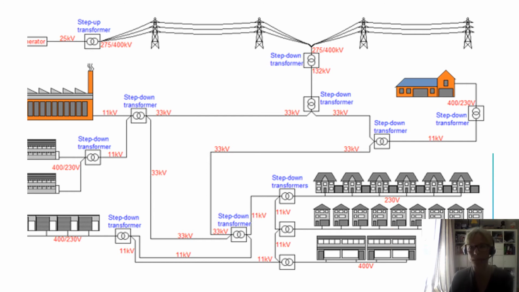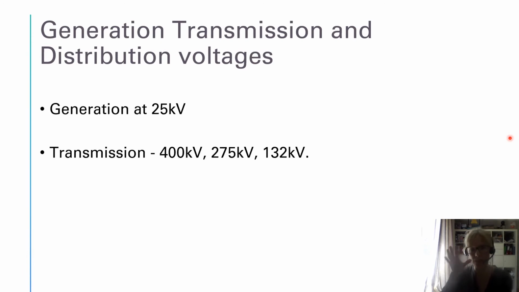So moving on, these are our voltages, which you need to remember. Generated at 25 kilovolts. These are the three transmission voltages in the high power cables overhead: 400 kilovolts, 275 kilovolts, and 132 kilovolts.